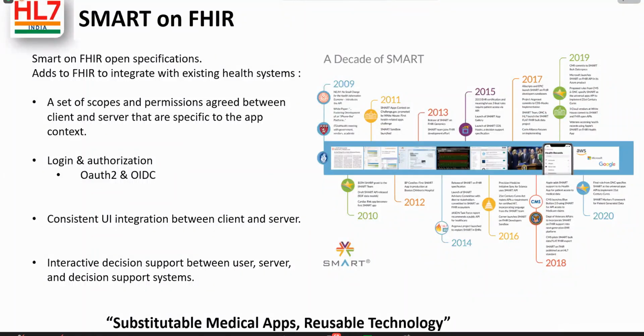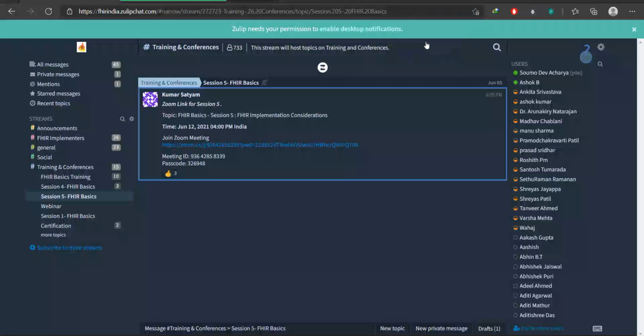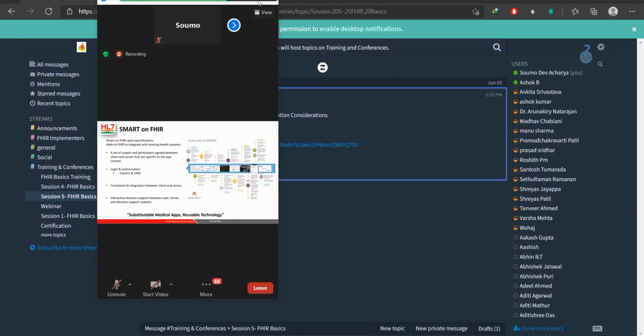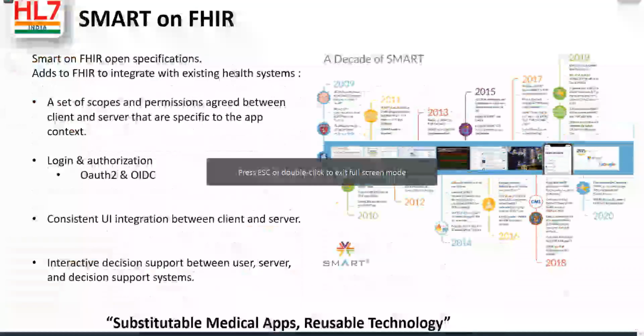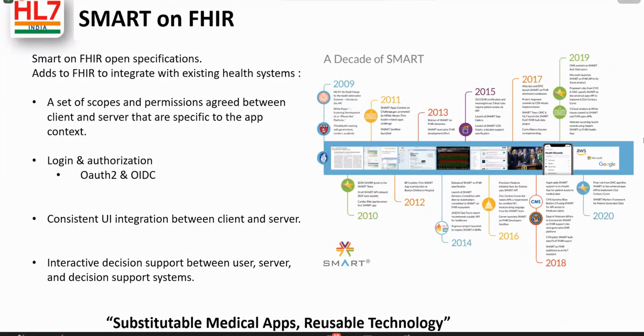So you have developed a mobile app, for example, and you want to interact with Cerner or an Epic FHIR ecosystem, right? You would be using the Smart on FHIR spec, which will tell you how to integrate with the ecosystem, how to do the authentication, authorization.